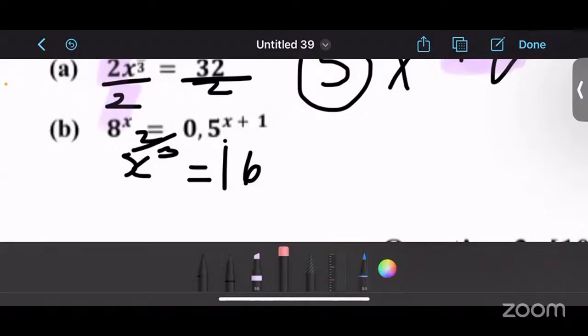I think we're going, is it gonna change into a cube root or like a root?